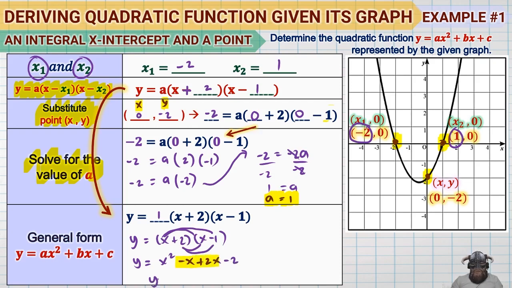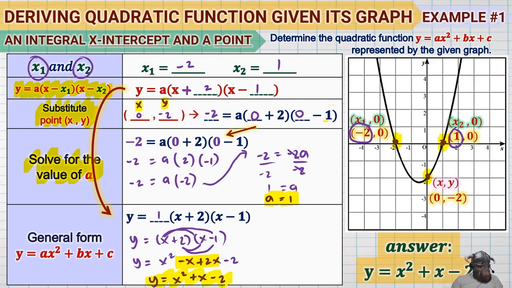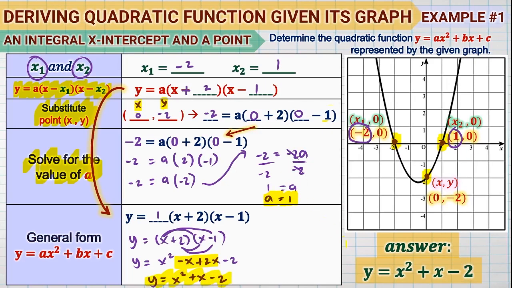We will now have y is equal to x squared. -x plus 2x is plus x na lang. Yan. Plus x, then minus 2. So as you can see, yan na, lumabas na yung sagot dito. So the answer will be y is equal to x squared plus x minus 2.